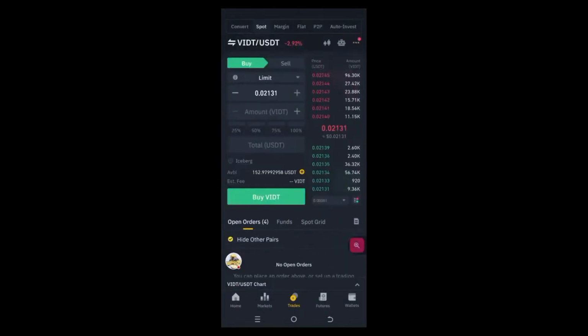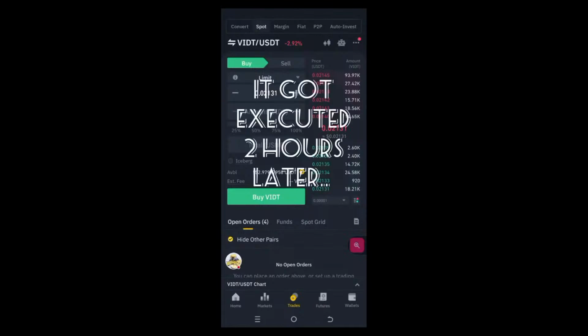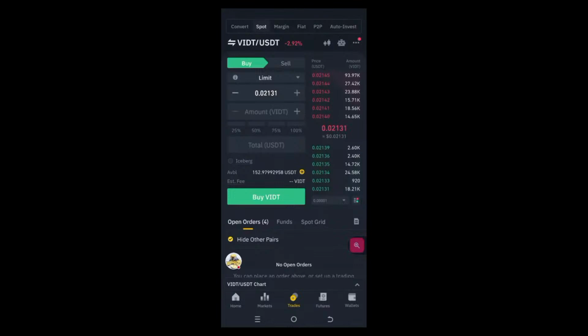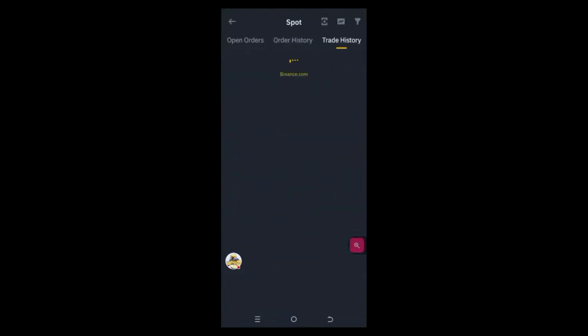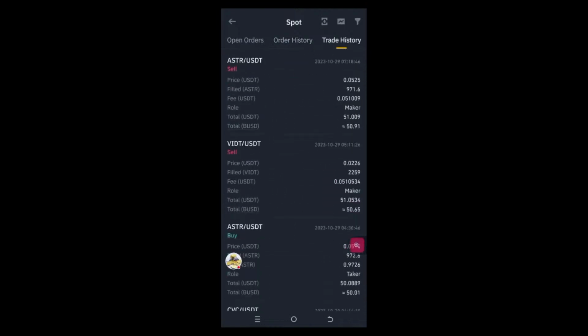We're currently on VIDT, as you can see here, and this trade happened almost 2 hours after we picked the trade. Let me just open up the trade history so that we can look at the different points and metrics.